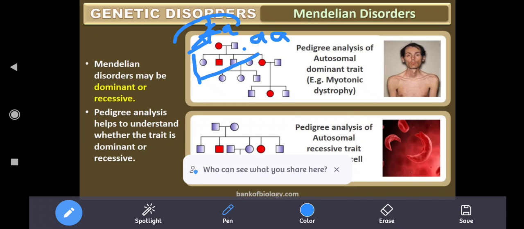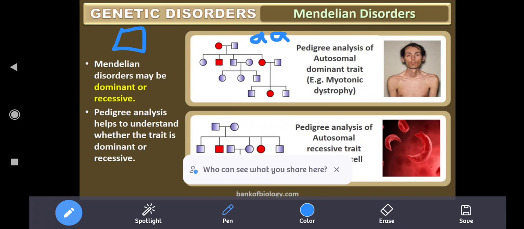Suppose the capital A and small a combine together, then definitely the F1 generation will be diseased, because the dominant capital A is there. Since this disease is due to a dominant trait, if one dominant gene is transmitted, the F1 generation will be affected. Clear?